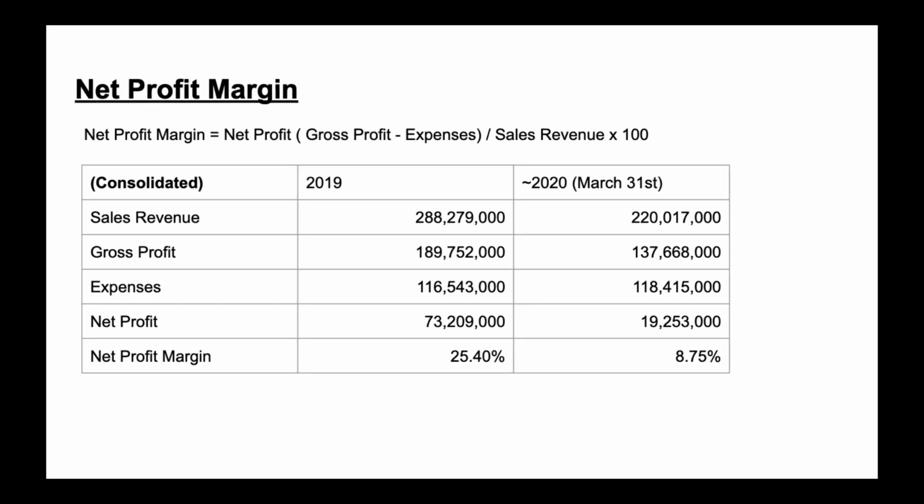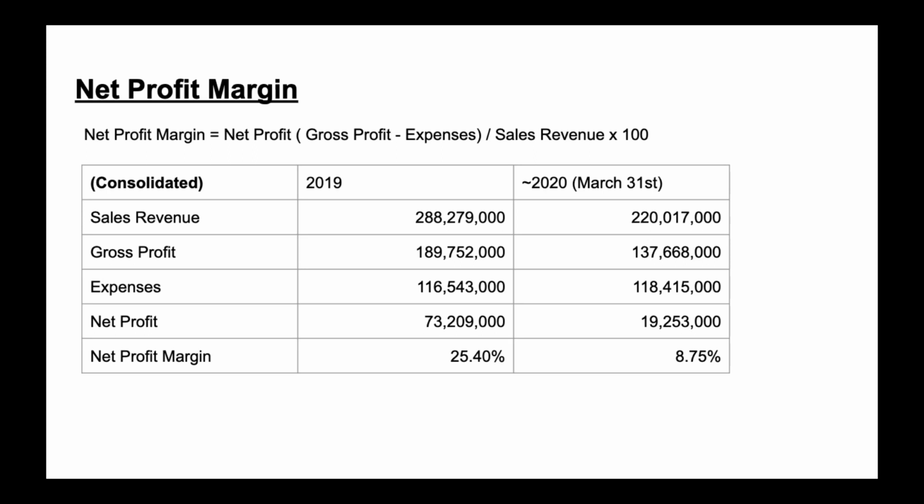Going to net profit margin, which can be found by net profit divided by sales revenue times 100. I've also taken the sample from the same years, which furthermore states the expenses and the net profit, which I calculated by taking gross profit minus expenses. And as you can see here, the net profit margin decreased from 25.4% to 8.75%.